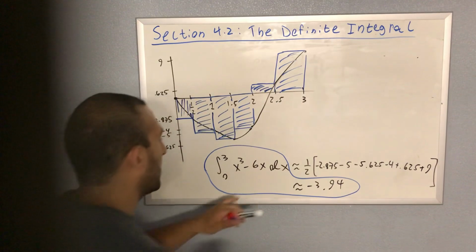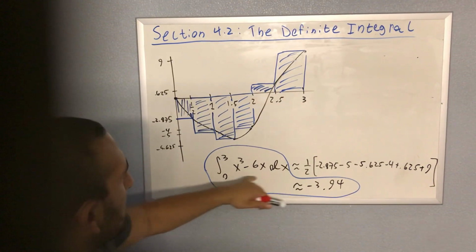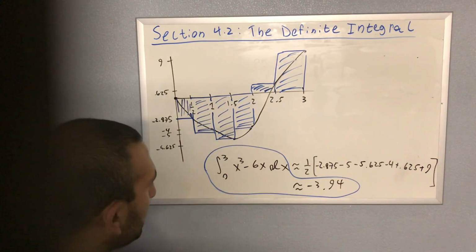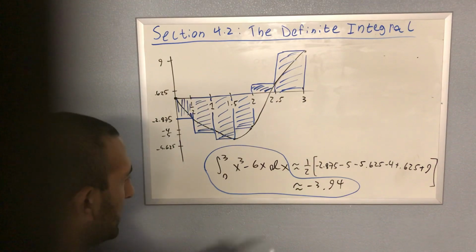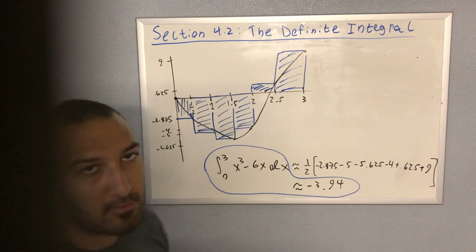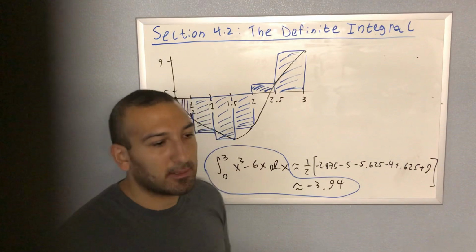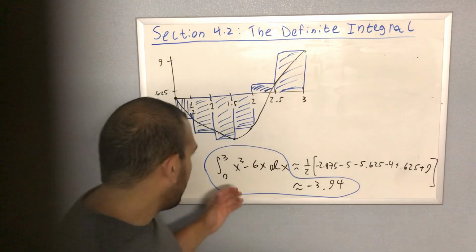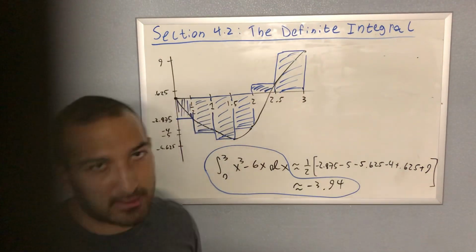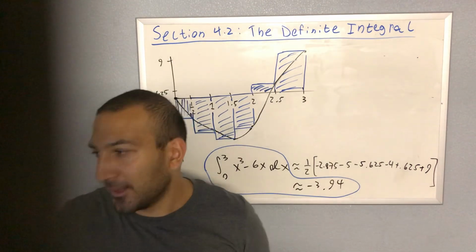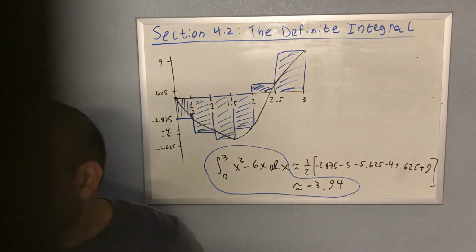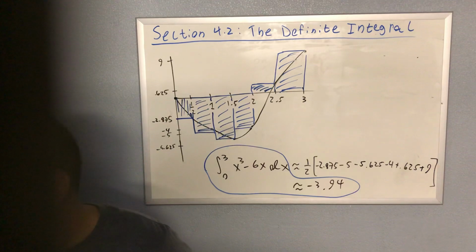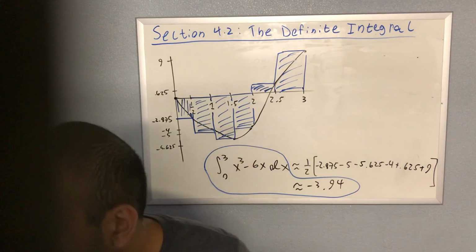So the area underneath the curve, which with all these fancy symbols is like that, is approximately negative 3.94. Again, it's not perfect because we didn't use an infinite amount of rectangles, but we'll talk about how to get the perfect answer. And I've kind of already told you, but I won't spill the beans too much.